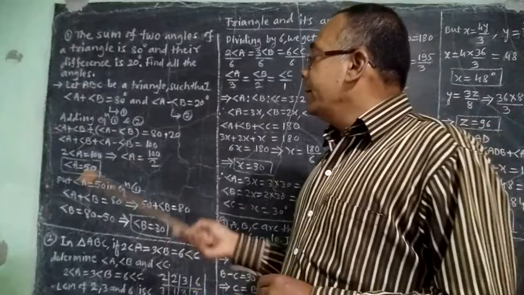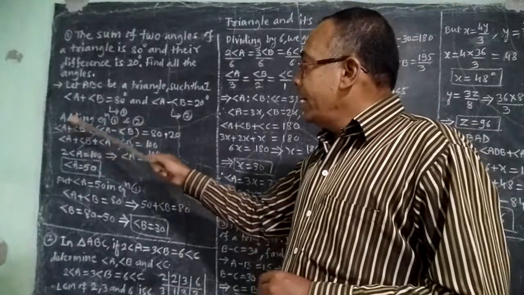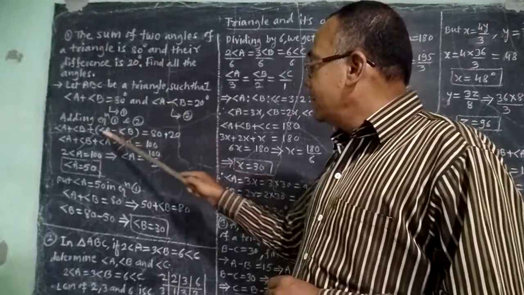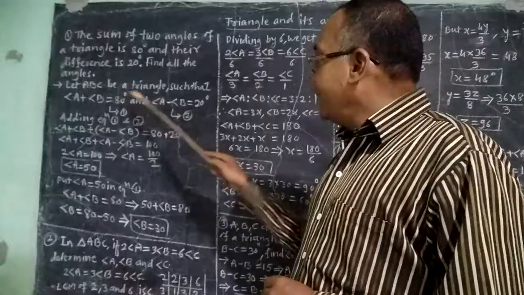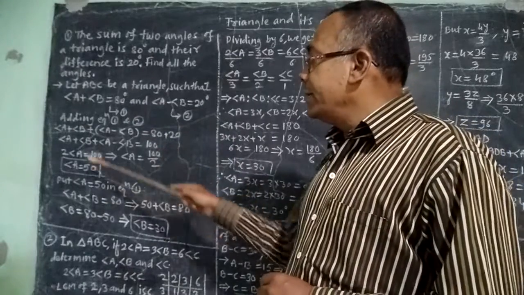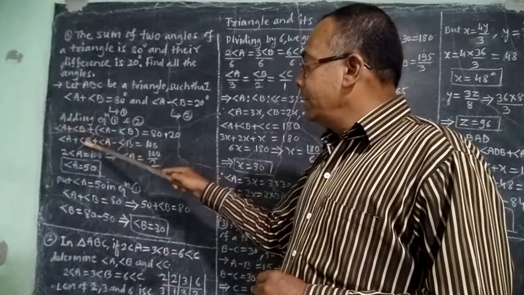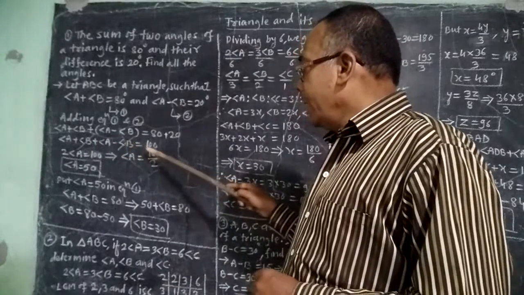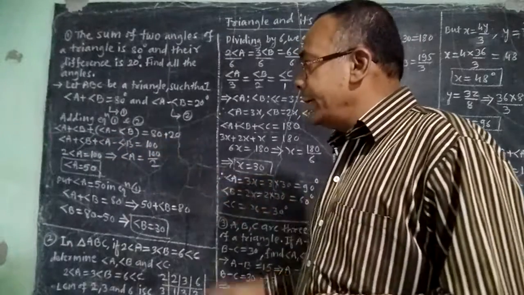Now if we add equations 1 and 2, that is angle A plus angle B plus angle A minus angle B, that is equal to 80 plus 20. So we will get angle A plus angle B plus angle A minus angle B, and that is equal to 80 plus 20, means 100.